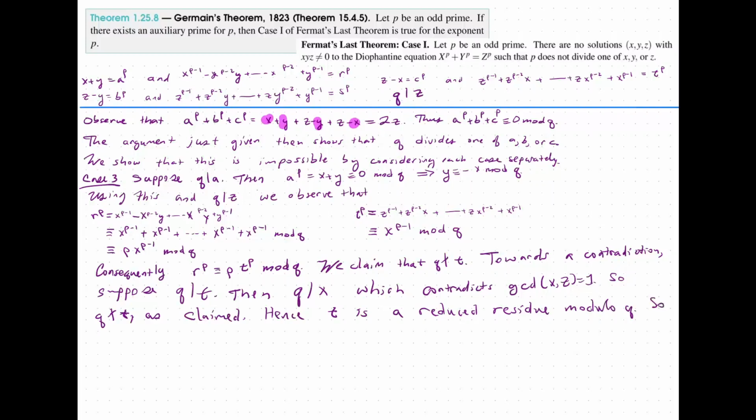So that means that there exists some natural number m such that t times m is congruent to 1 modulo q. And now let us consider the equation that we have over here. R to the p is congruent to p times t to the p mod q.